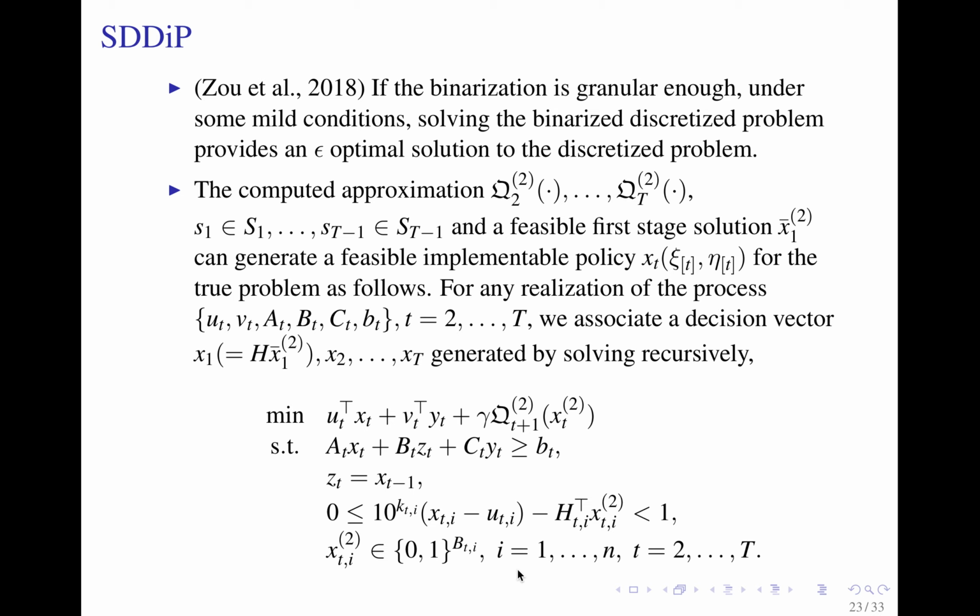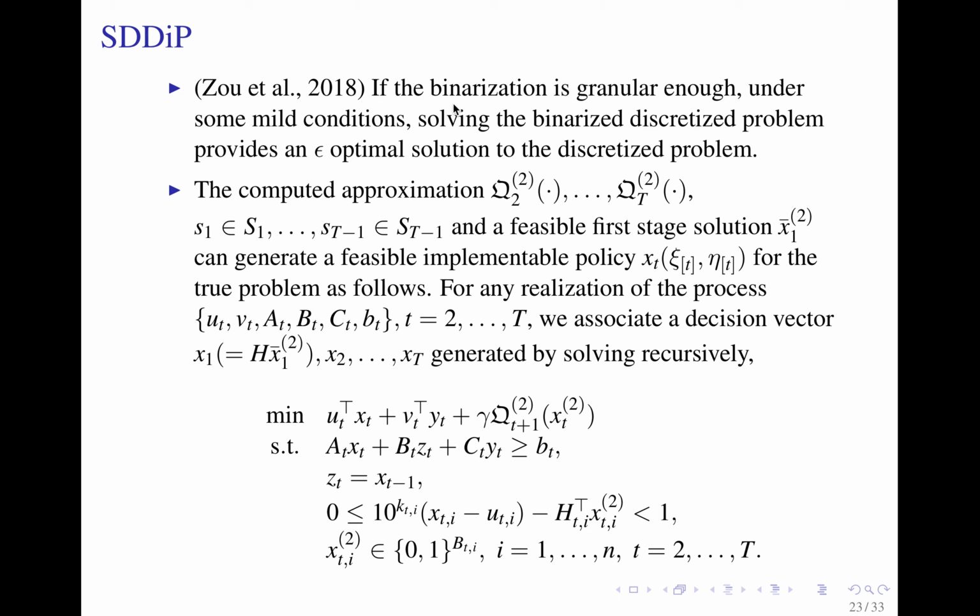So in those papers, it shows if the binarization is granular enough, under some mild conditions, solving the binarized problem provides an absolute optimal solution to the discretized problem. But again, we need to understand what the obtained policy really means to the true problem.